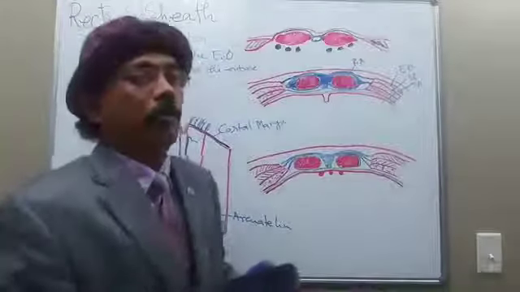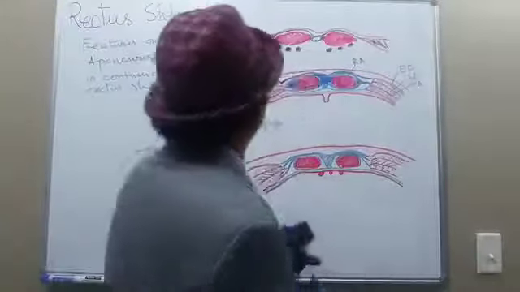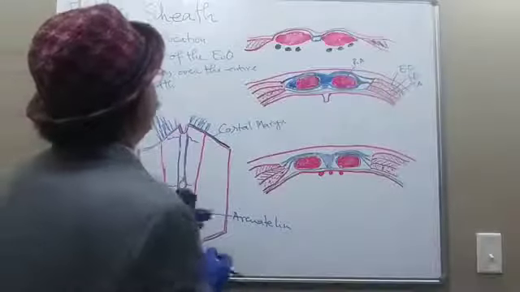So the aponeurosis of the external oblique is present everywhere, in all three regions.